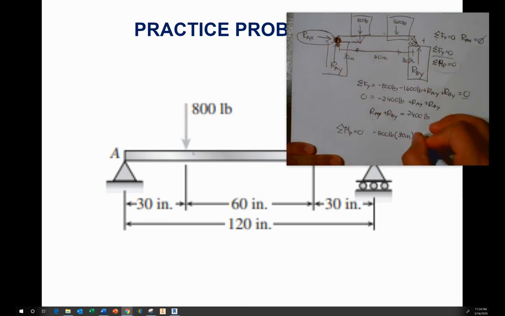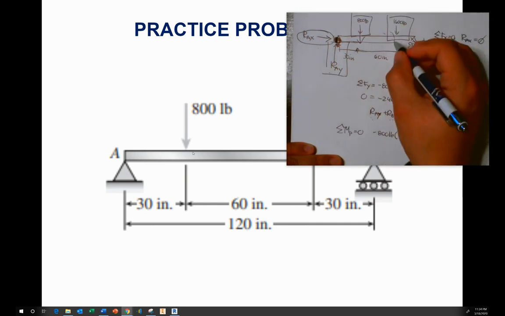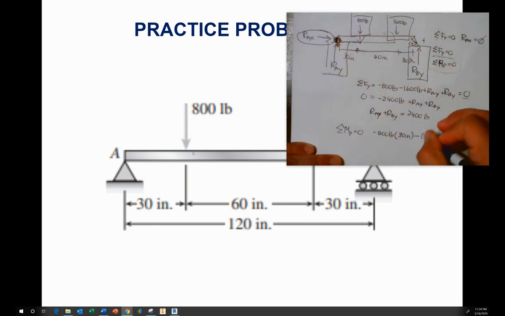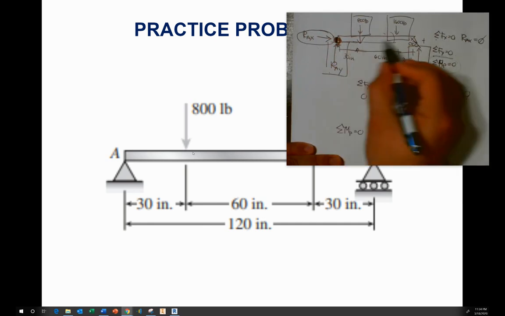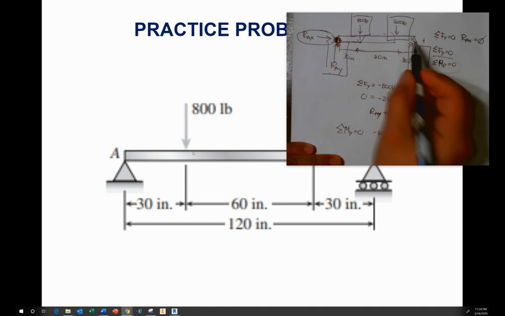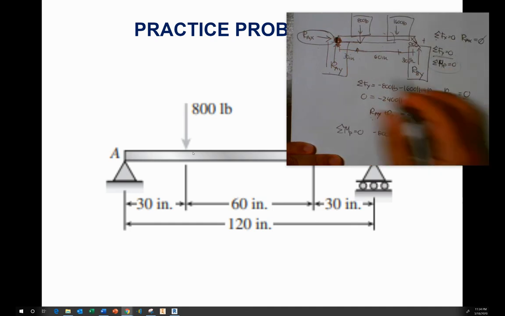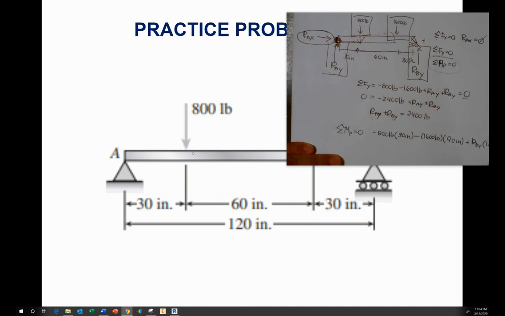Technically I'm going to say minus, because I know this is going to be a minus again, 1,600 pounds times, what's the distance here? 30 plus 60 is 90 inches. Plus RBY times 120 inches. And that whole thing equals 0, right?